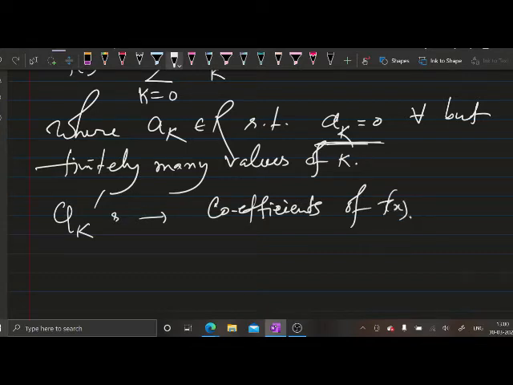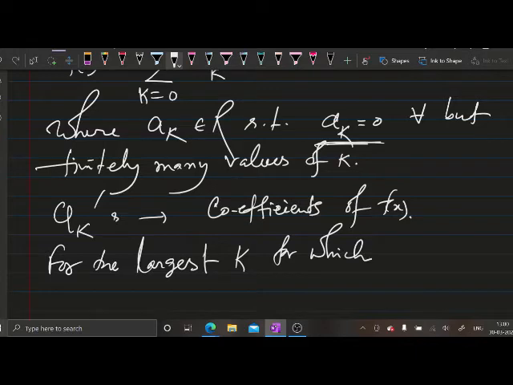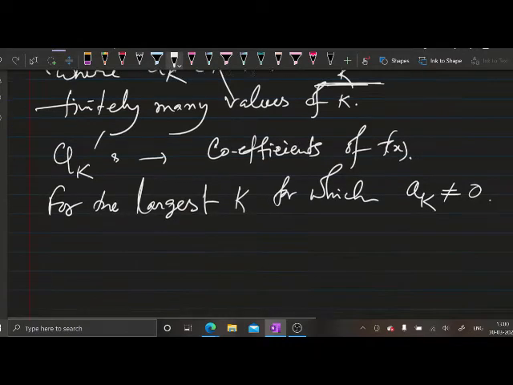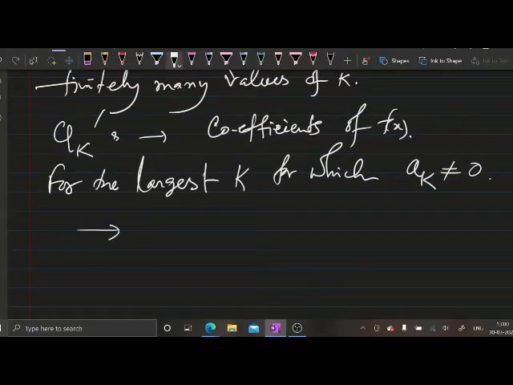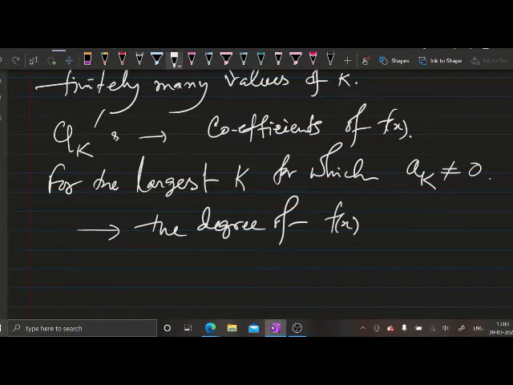Now for the largest k for which ak is non-zero, that means after that k all the coefficients are 0, it is defined to be the degree of that polynomial f(x), denoted by degree f(x).